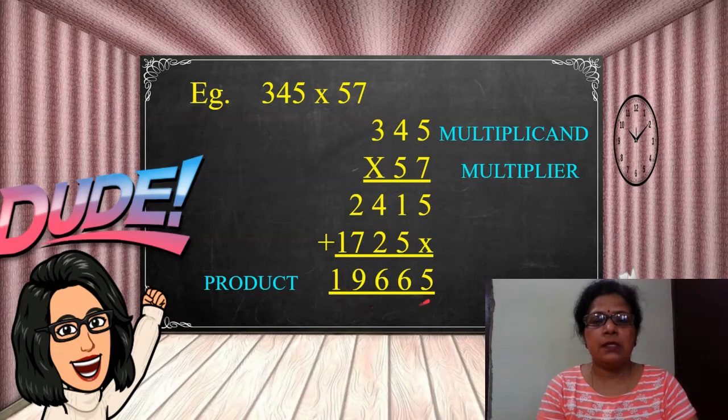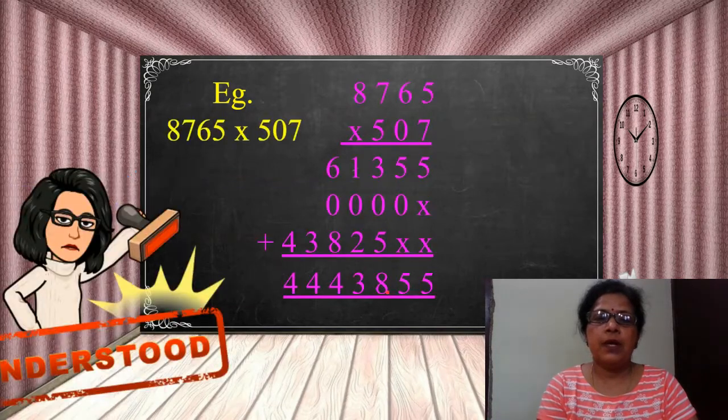Students, this answer that we get after multiplying two numbers is called product. So here product is 19,655. Let's take another example where multiplicand is of 4 digits and multiplier is of 3 digits.